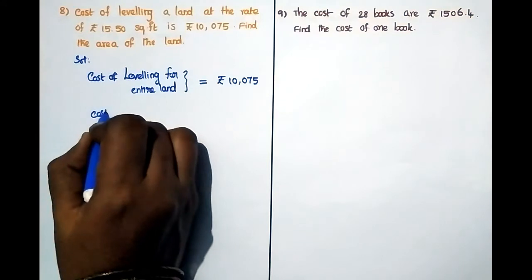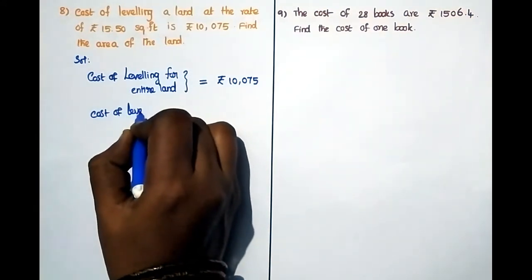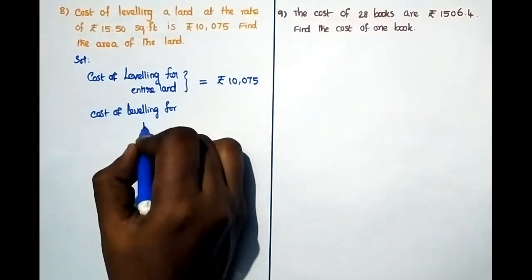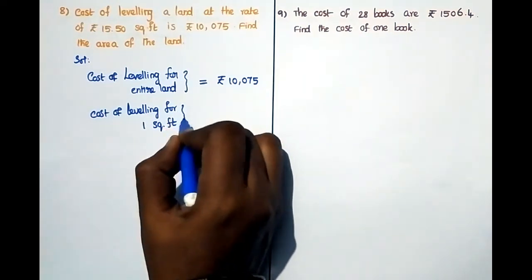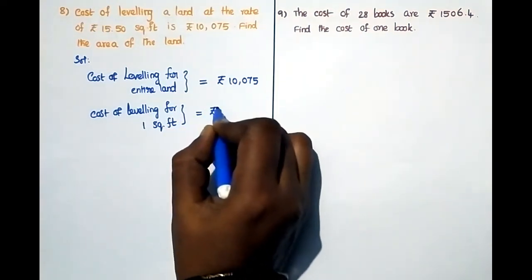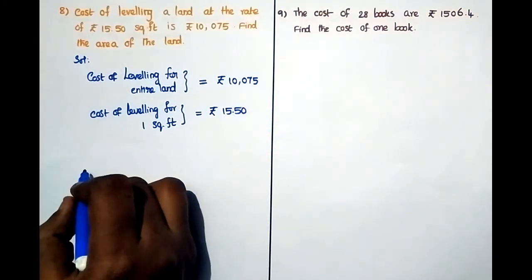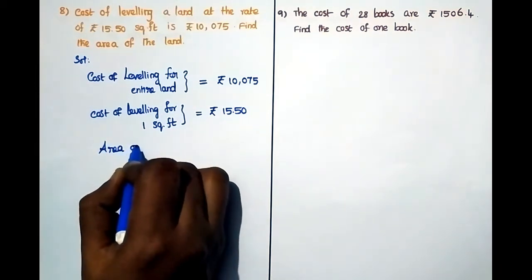and the given cost of leveling for 1 square feet equal to rupees 15.50. Now we want to find out the area of the land.